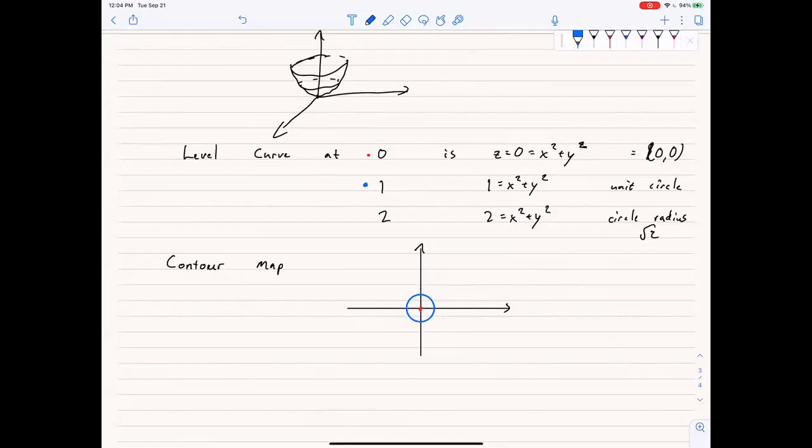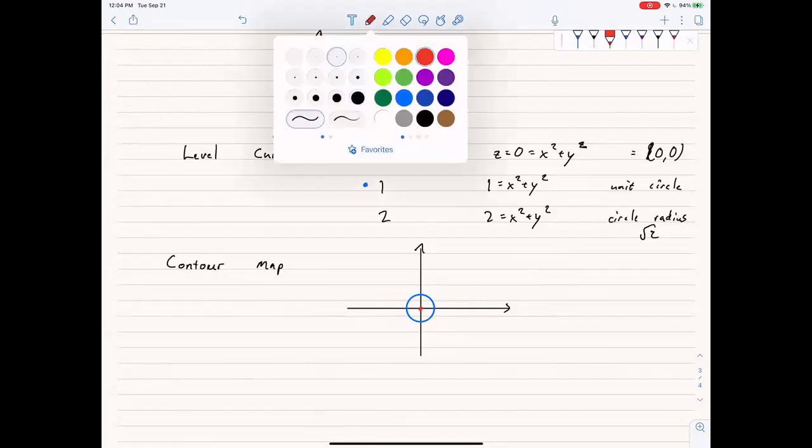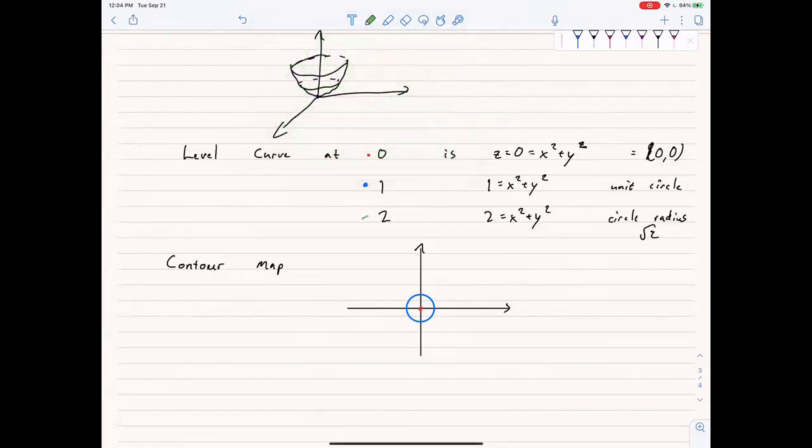And then you get some circle of radius square root of 2. That's how bad my circles are.